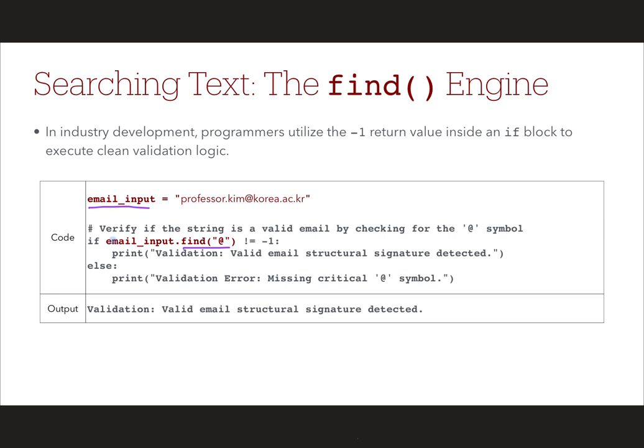What does this imply? That means what the find function returns is different from -1. And -1 is returned only when the find function fails to find that symbol. So this condition checks whether this symbol is included in this character string.